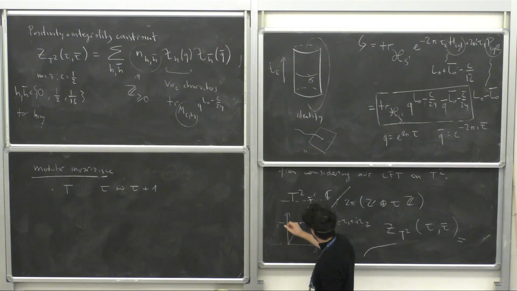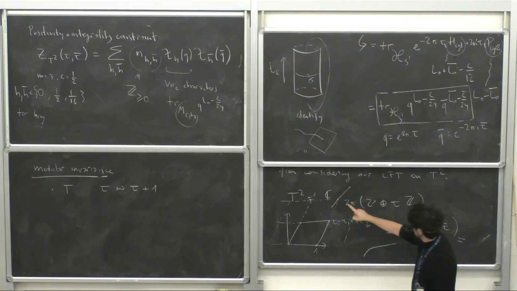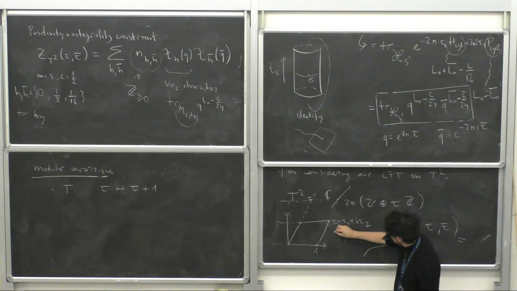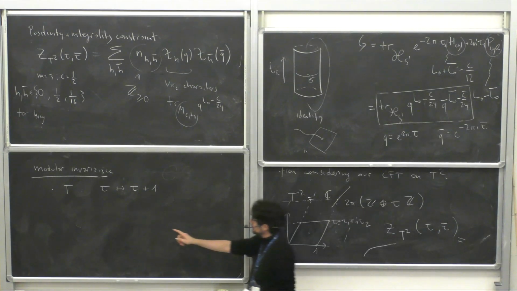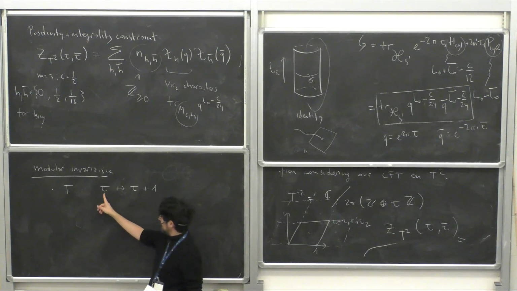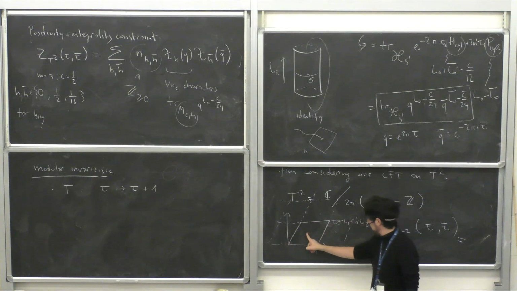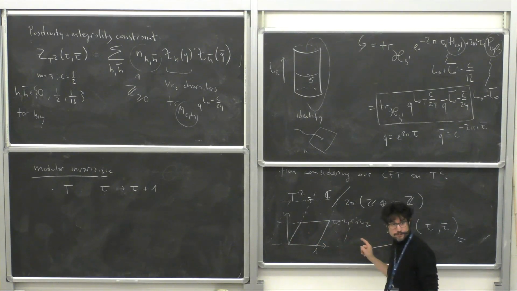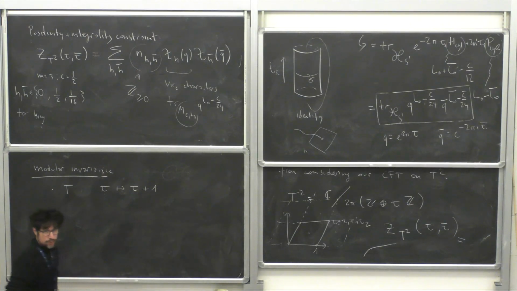This quotient means that a point here is identified with a point there. So the T transformation is just taking tau, which is a point here, and shifting it by 1, and so going back to the fundamental cell. We expect an invariance with respect to this operation, because it is an invariance of the manifold that we defined.